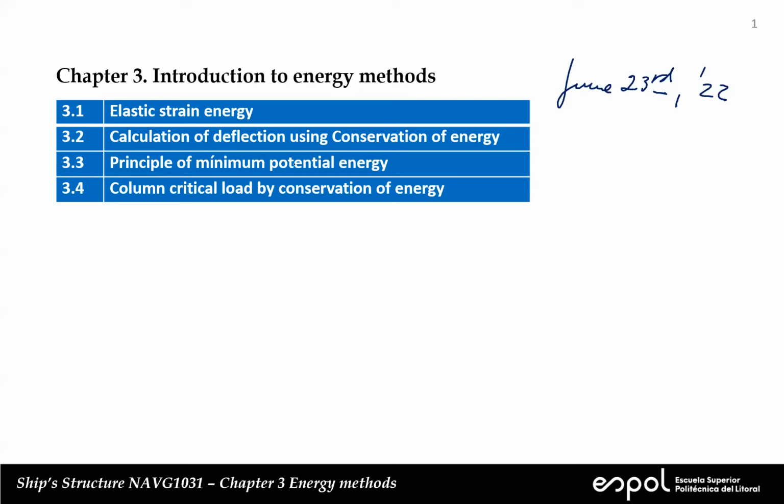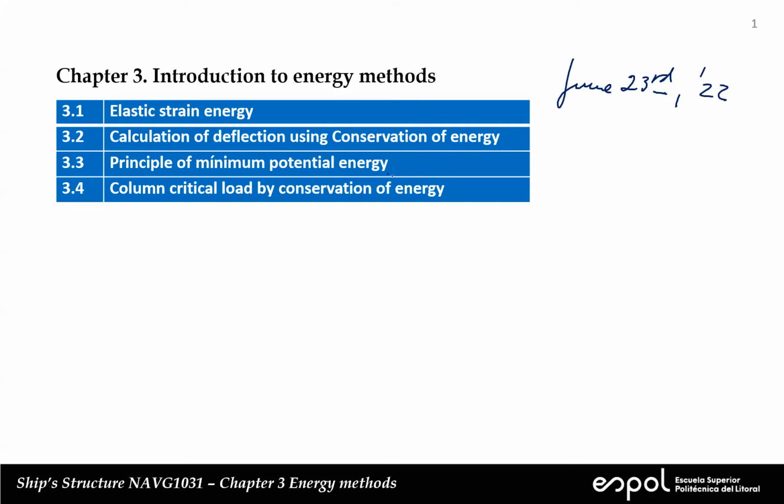The other principle that we're going to present and use is the principle of minimal potential energy, okay? This principle is widely used, and here we're going to use it in a very simple way to analyze approximately the bending of beams.